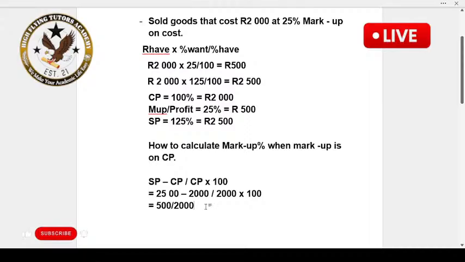So you're going to multiply by 100 right there, and then the final answer would be how much right there? Let's see if we are getting 25%. Let's just confirm if we are getting 25% quickly.